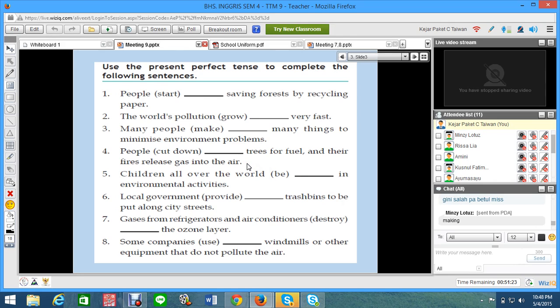Nomor 3, number 3. How about number 3? Okay. Number 3, make. Kata kerja ketiga make apa? What is the verb 3 of make? Who knows? The third form of make. Okay, who knows?